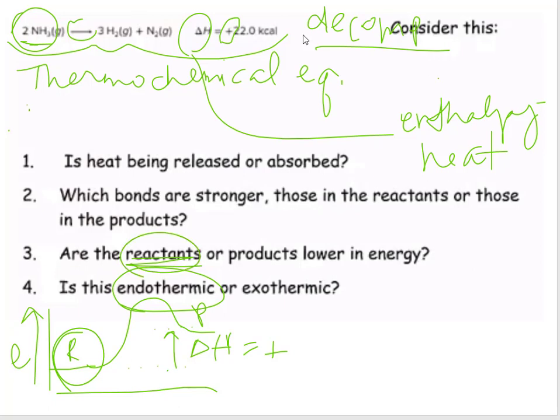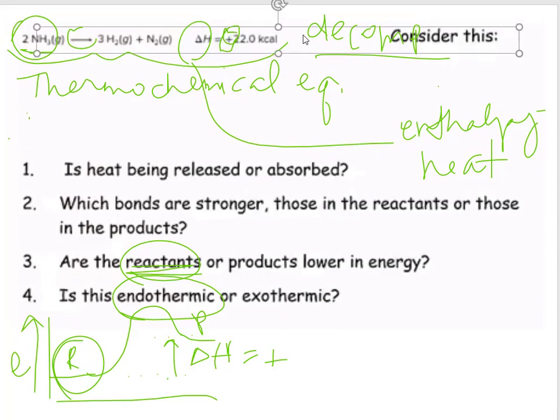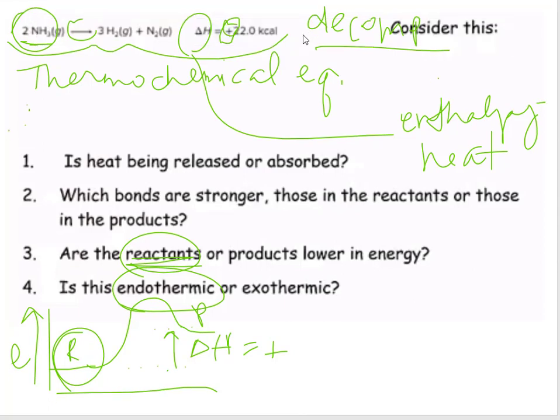Which bonds are stronger, the reactants or the products? Well, because it's endothermic, my reactants have stronger bonds, right? Because when we have a positive enthalpy, breaking those bonds is going to take a lot of energy.